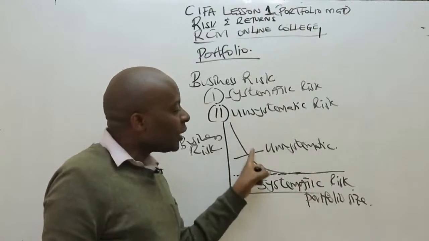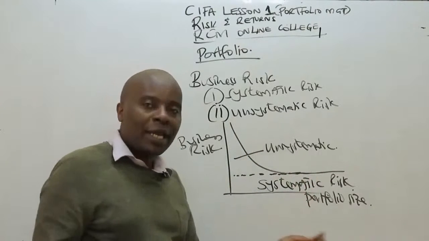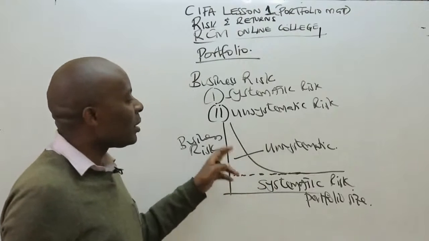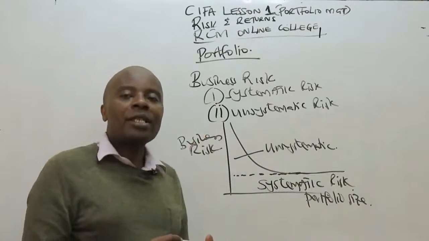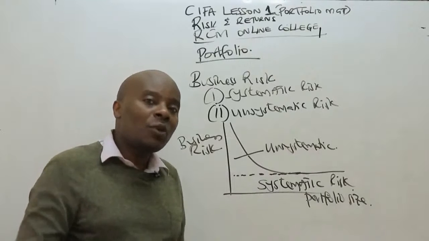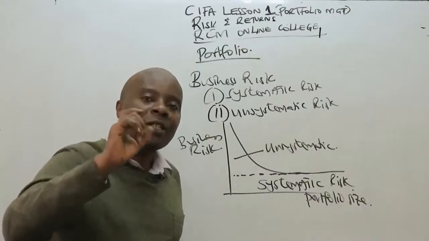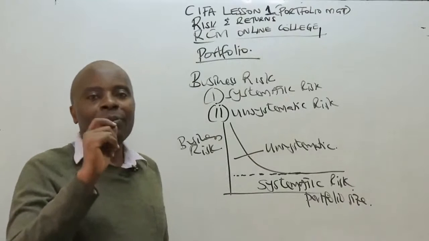The risk that reduces as we spread out our investments, ladies and gentlemen, is what we call unsystematic risk. So unsystematic risk is that risk which is company specific. It affects specific companies.